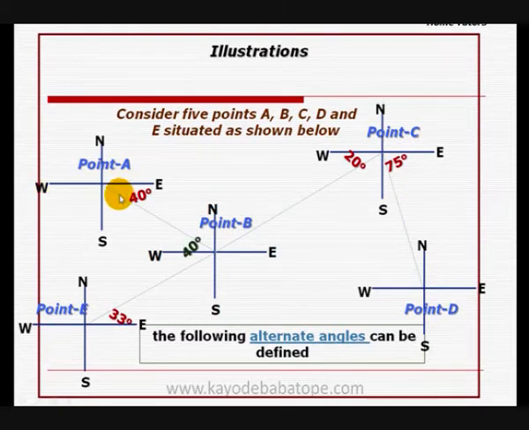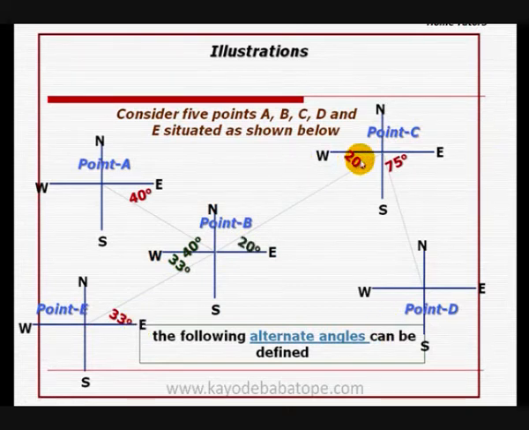So if this angle is 40 degrees, then this angle also will be 40 degrees because this is a Z angle. Also, if this angle is 33 degrees, this angle will also be 33 degrees. This is a Z angle.